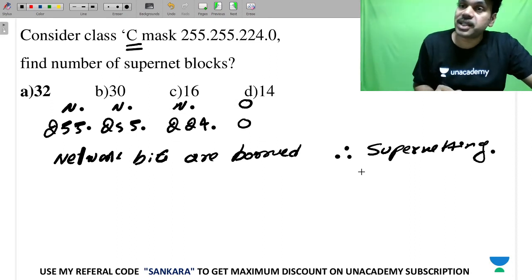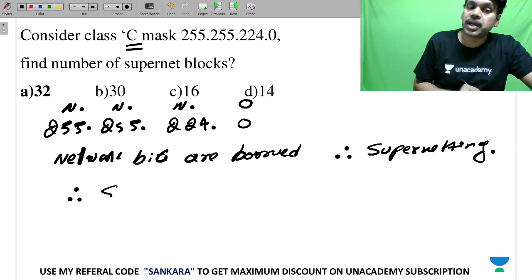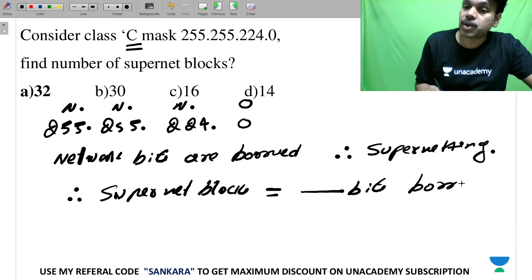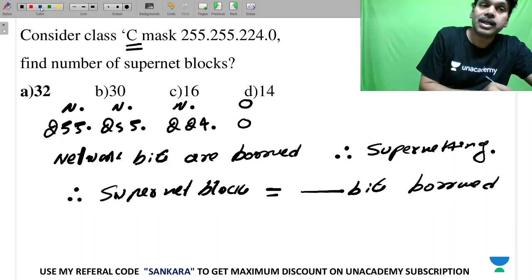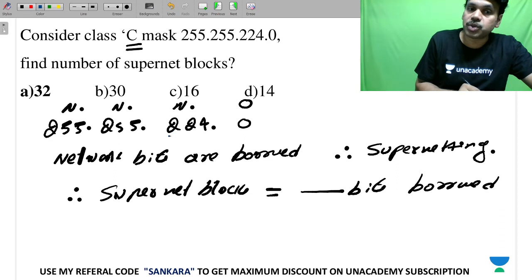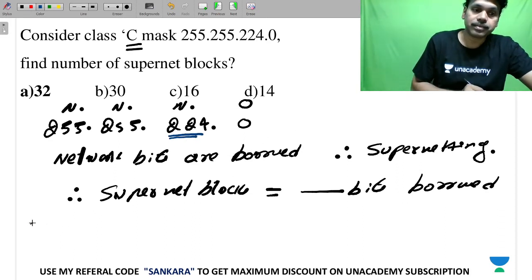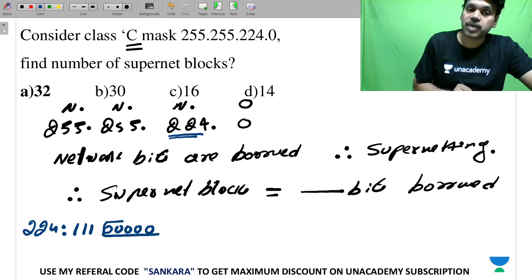So when you say that it is supernetting, how many supernet blocks are there? Your supernet blocks are nothing but the number of bits you borrowed. How many bits borrowed? 224 is nothing but 1, 2, 3 ones, and then 5 zeros.